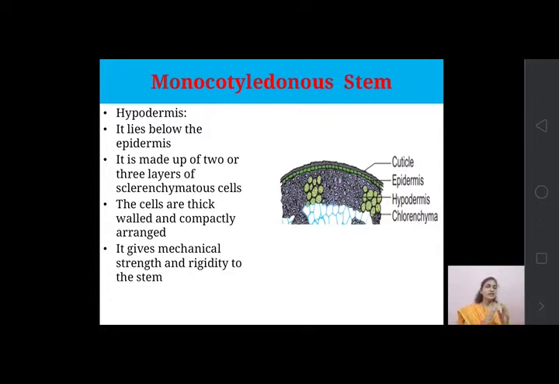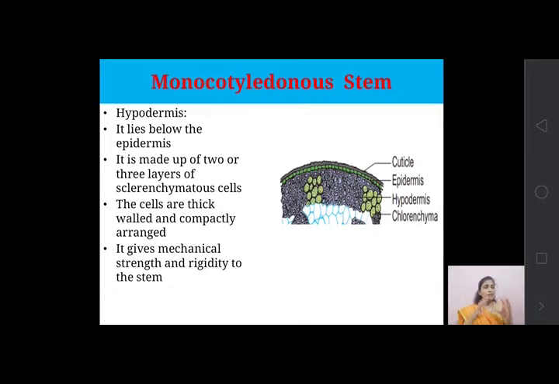So if you notice, most of the parts which are facing towards the outer side, or you can say towards the environment, become more and more protective in nature. It shows such type of adjustments, such type of modifications, so that the plant can protect itself more and more from external injury.